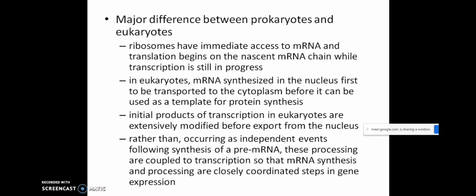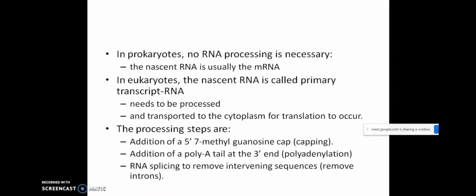That mRNA is called the RNA transcript or primary transcript. Before it is transported to the cytoplasm, it undergoes some modifications. Those modifications are called post-transcriptional modifications.